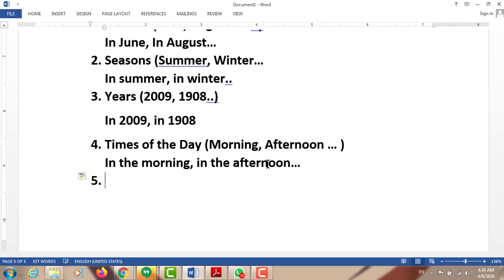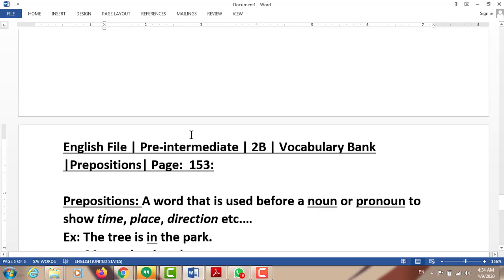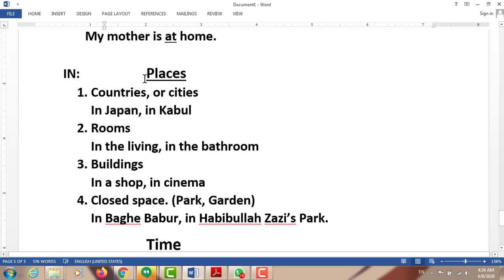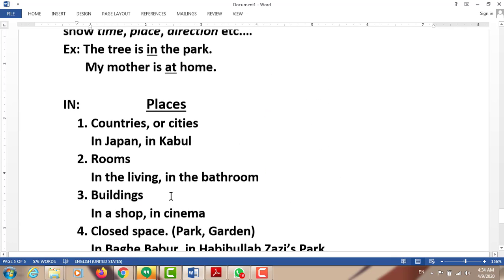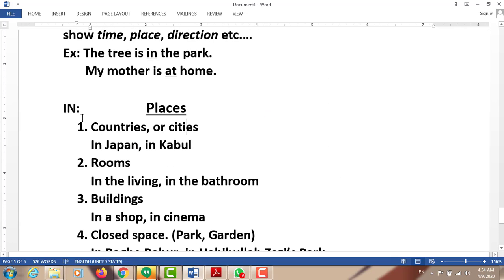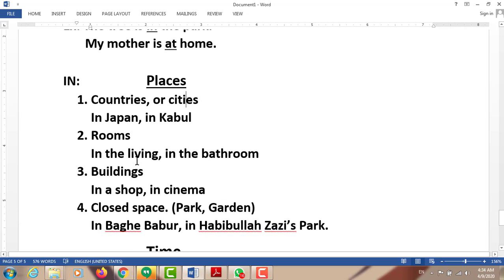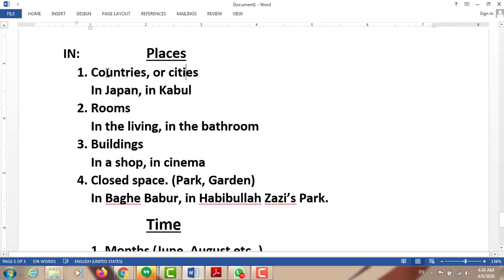So this in is used for places and for time. When you use it for places: for countries or cities, for rooms, for buildings like shops and cinema, for closed spaces.